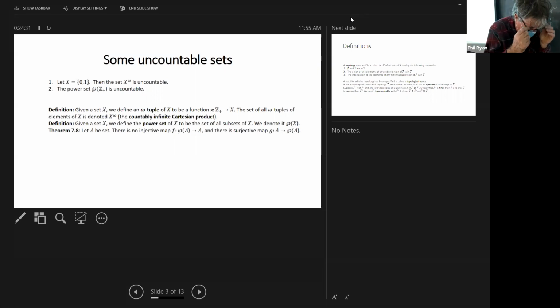And the observation then is that y is not in the image of g. And if that is true, then g cannot be surjective. So what we've done is we've constructed an element in this Cartesian product which is not in the image of this function here.